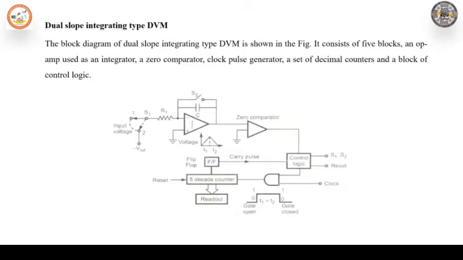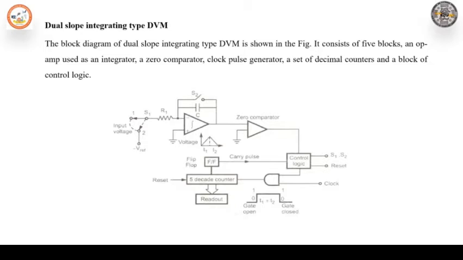The output of the op-amp is given by Vout = -Vin T1 / R1C, where T1 is the time for which the capacitor is charged, Vin is the input voltage, R1 is the series resistance, and C is the capacitor in the feedback path.